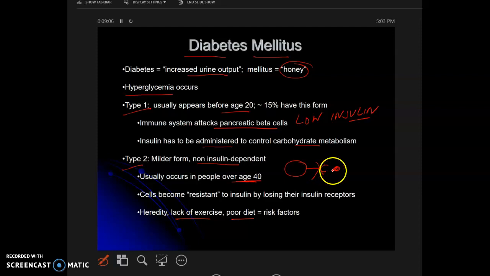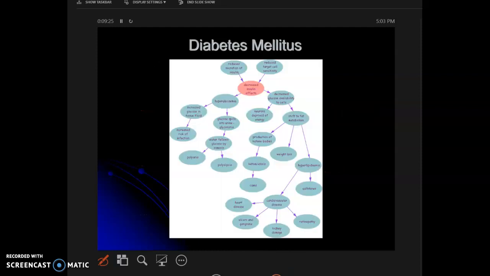So can the insulin bind? No, even though there's enough insulin, it is the receptors that are losing the receptivity. They are not effective anymore. So as a result, let me explain this.